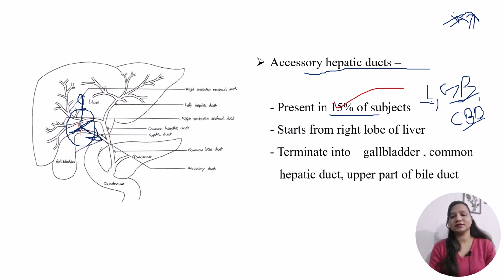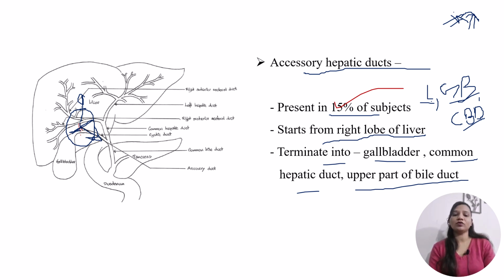Okay, as this accessory hepatic duct starts from the right lobe of the liver, they also terminate into the gallbladder or common hepatic duct or also the upper part of the bile duct. Okay, so these accessory hepatic ducts terminate into the gallbladder, common hepatic duct and upper part of the bile duct. And also it is a normal condition, but the only complication comes during surgery.